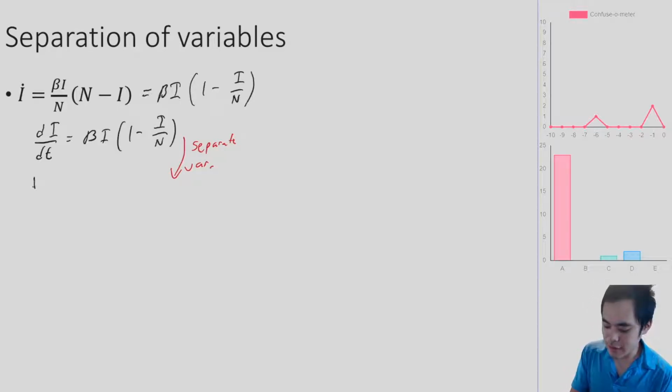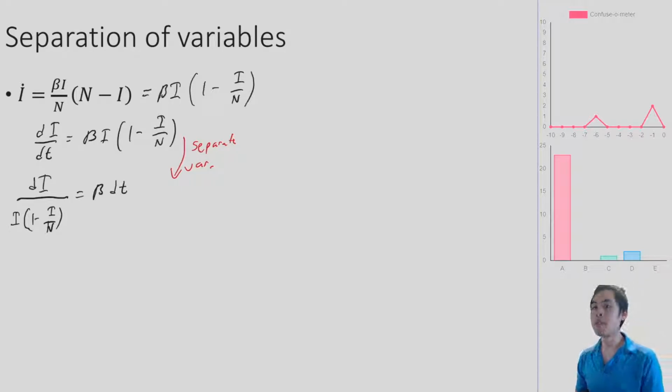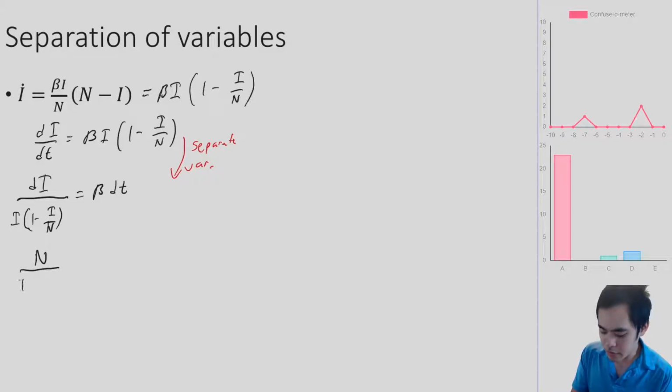And what we get is dI divided by I times 1 minus I over n, because remember, n is just a constant, is equal to beta times dt. And now let's do a little bit more rewriting. Let's multiply both top and bottom by n on the left. So n over I times n minus I dI is equal to beta dt.